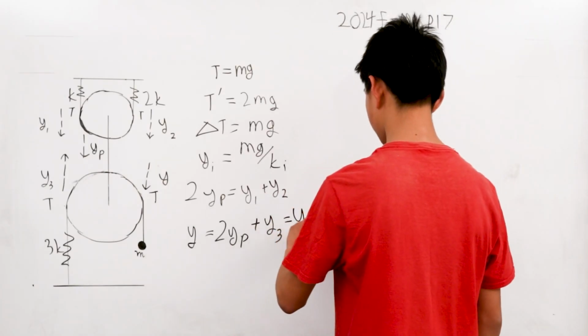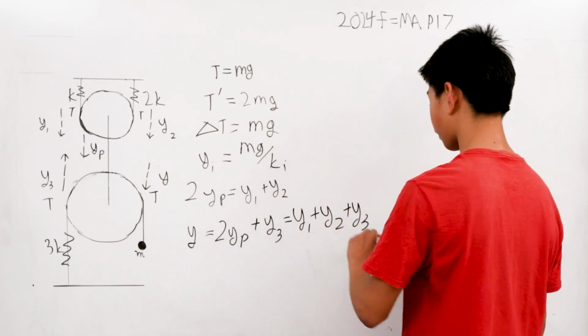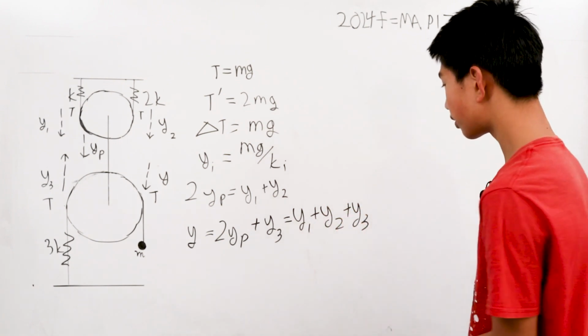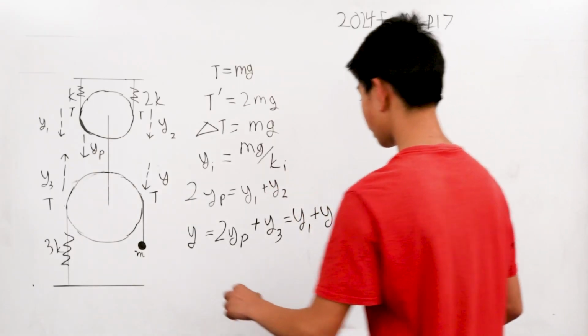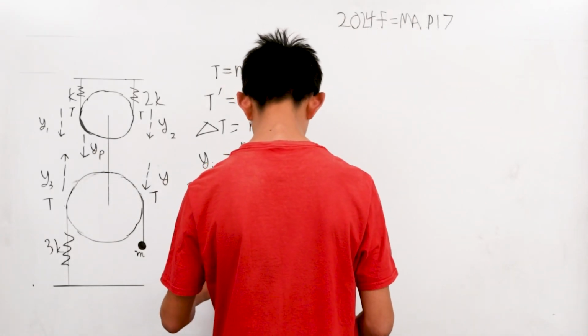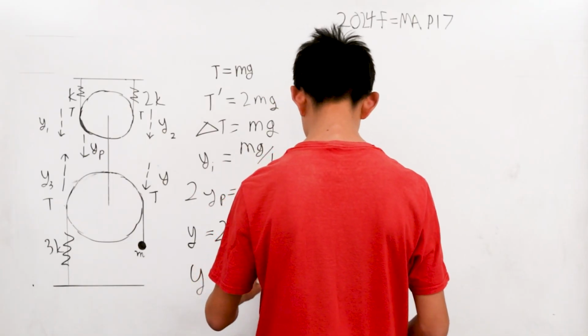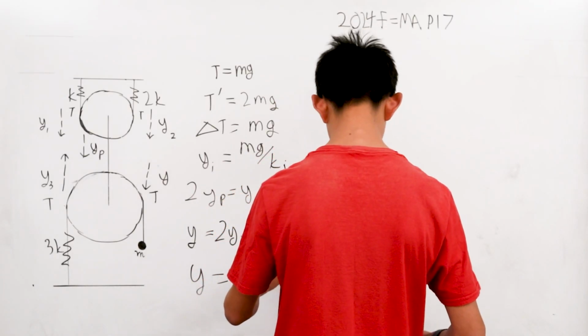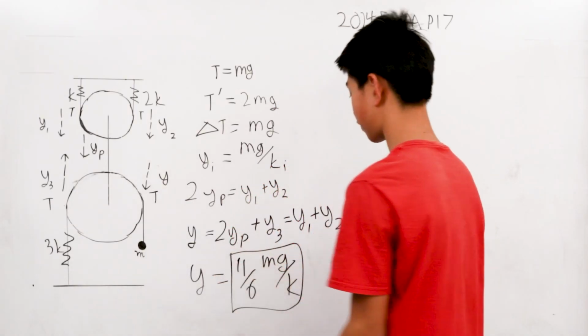This is y1 plus y2 plus y3. And when you plug these values into what we just derived earlier, we can get a value for y, where y is equal to 11 over 6 times mg over k. So that is simply our answer for this problem.